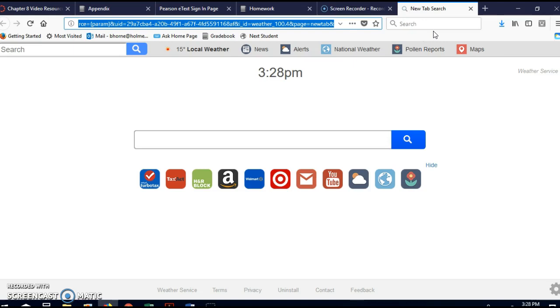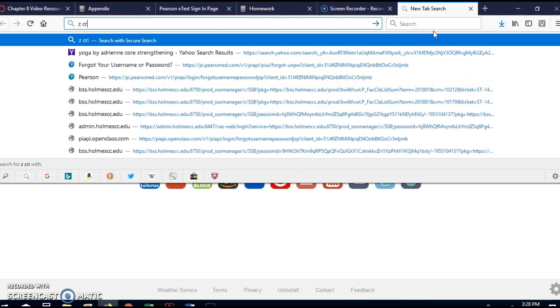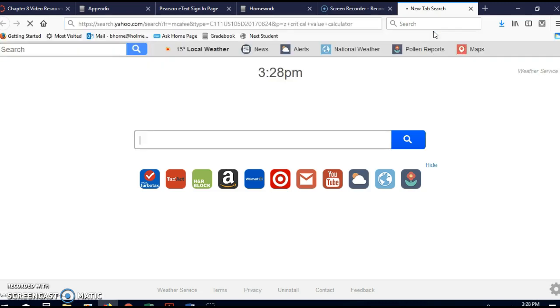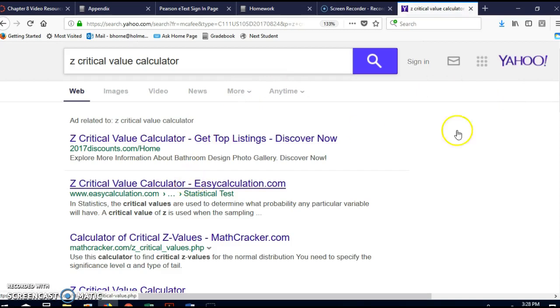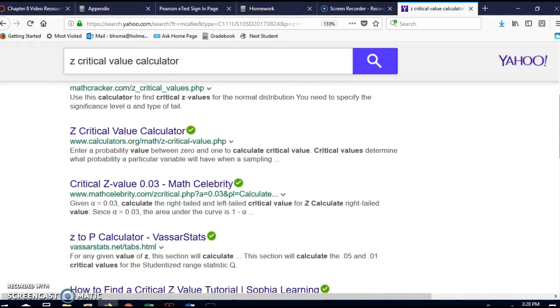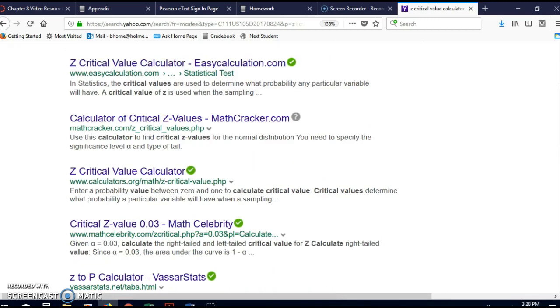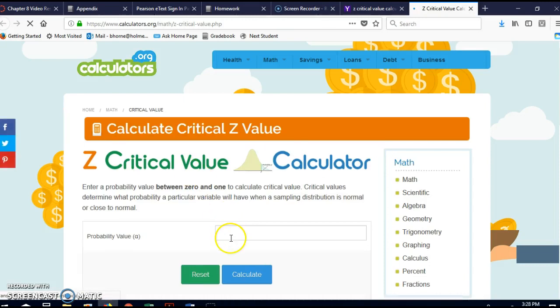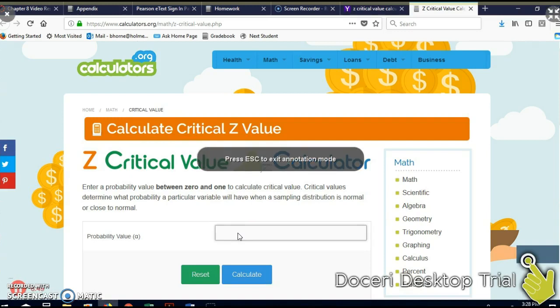The way I did it was I searched for a Z critical value calculator, and then the probability value here. Now this is something you have to be careful about.